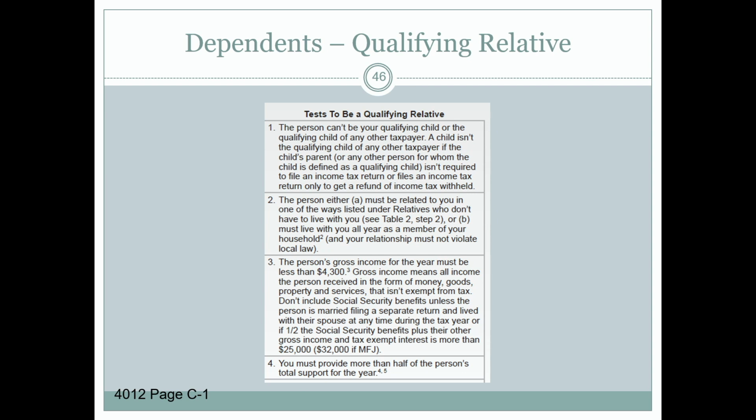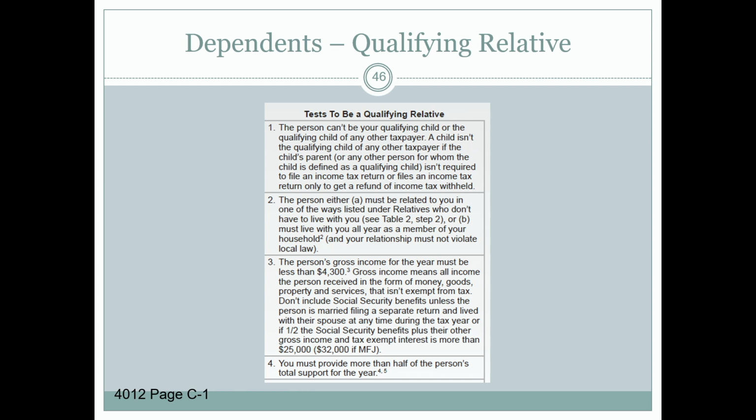Social Security benefits would not count unless we're talking about a person who is married, filing separately, and lived with their spouse at any time throughout the year. Or if one half of the Social Security benefits plus their other gross income is more than $25,000, then you would have to consider the Social Security in determining whether they had gross income of less than $4,300.